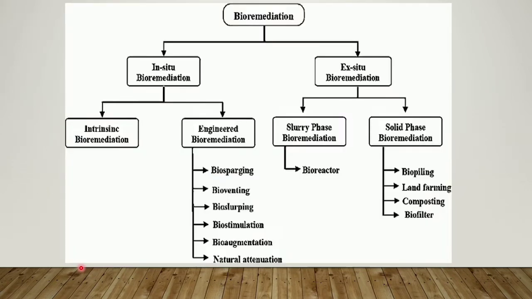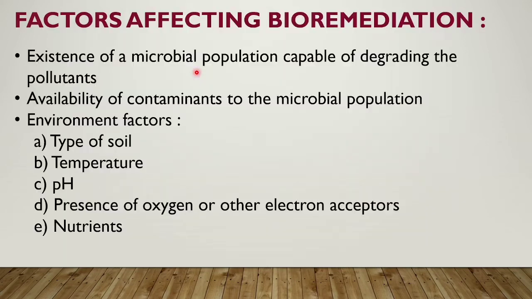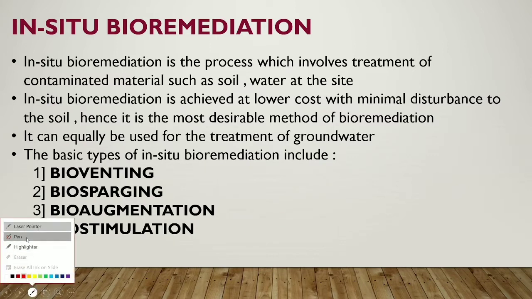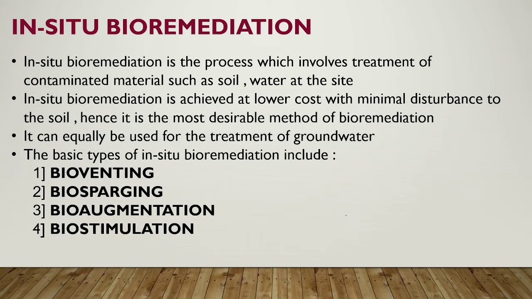So, as we have seen, bioremediation is divided into two types, that is in situ and ex situ. So, first we will go through in situ bioremediation. Now, in the simplest words, I'll explain this. So, consider this pool, and this pool consists of different types of contaminants and waste products.